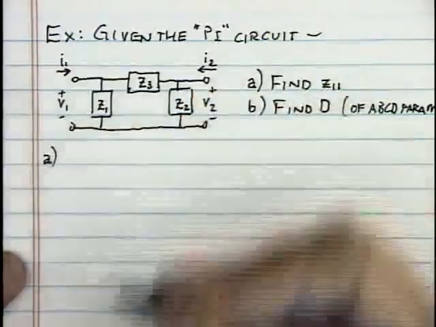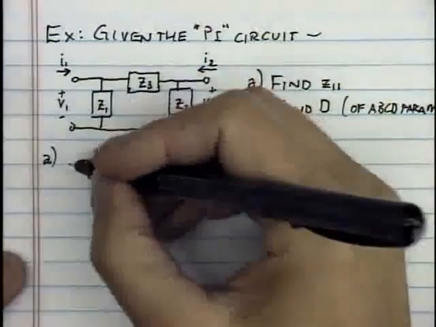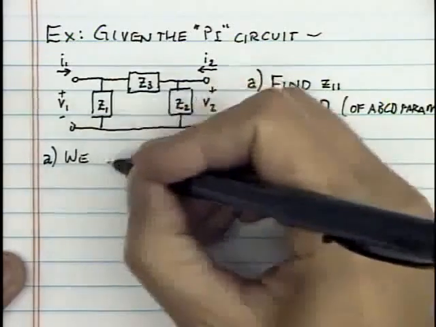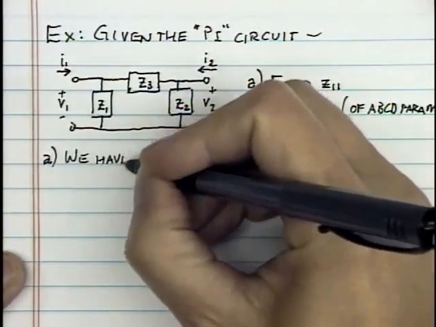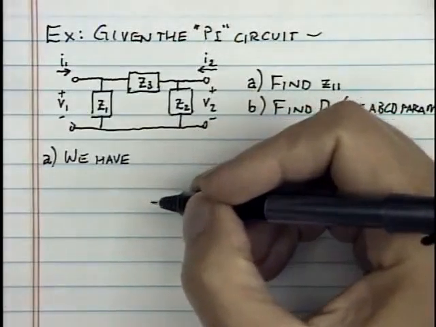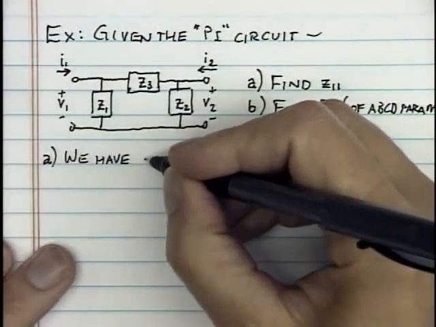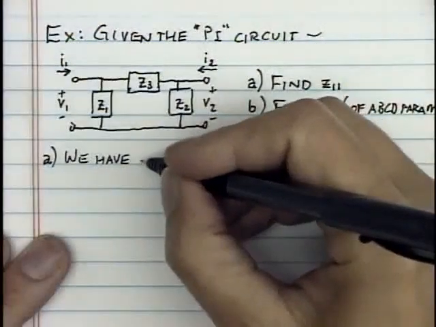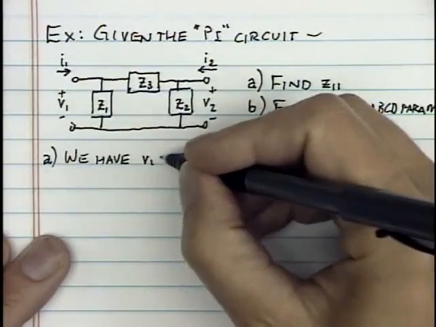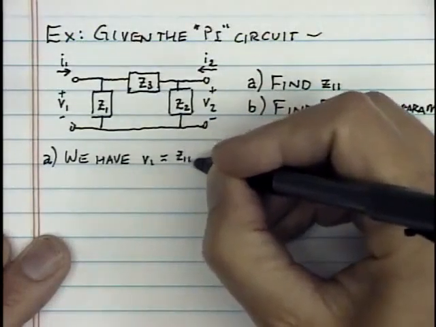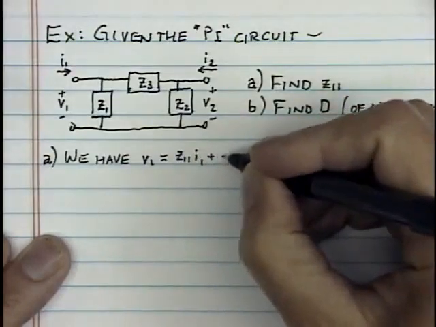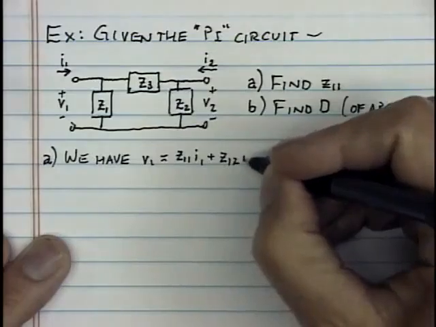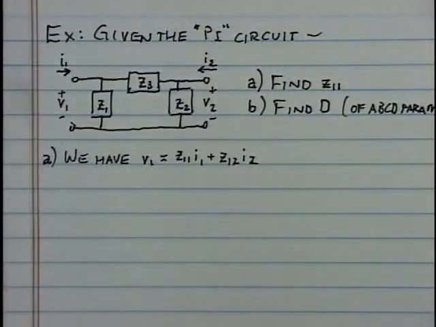Here's how I would go about finding Z11. Let's see here. The basic equation that we use in our very definition of the Z parameters tells us this.